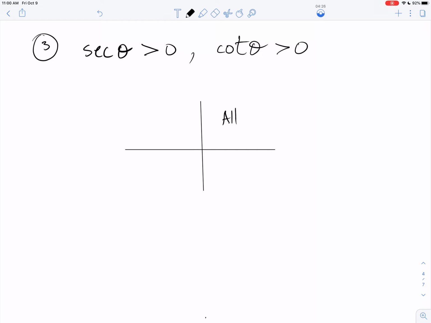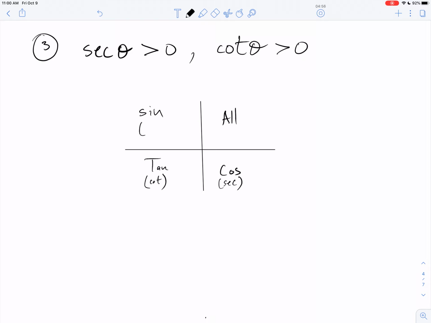Reciprocal just means 1 over that number, so it's going to be positive also. So anyway, when they give me the AX rule, if cosine is positive, that means secant must be positive at the same time. Secant must be positive. Remember, in the AX rule, they use the big 3, cosine, sine, and tangent, but it doesn't mean that we can't think of it this way too.